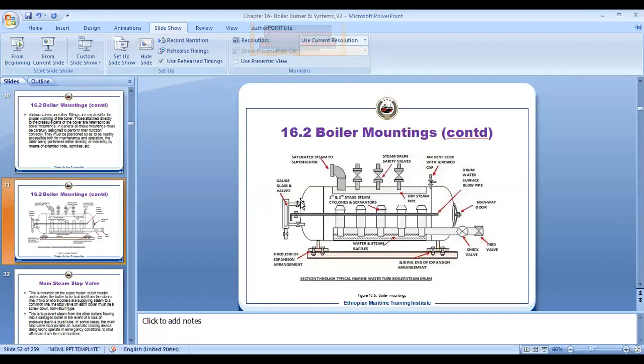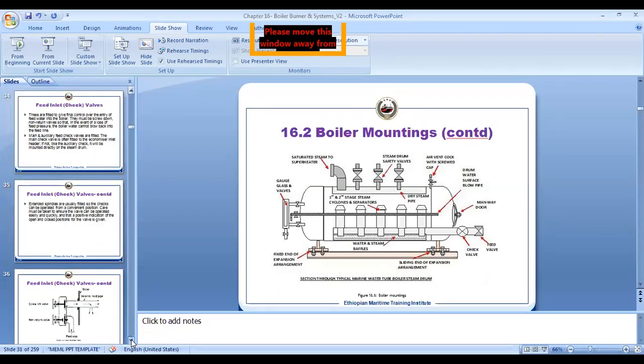Some of your smoke tube boilers are horizontal like this. So you'll need to have a gauge glass fitted on each side of the boiler. That way, since it is horizontal, on one end you have a gauge glass, and then again you have a gauge glass on the other side.